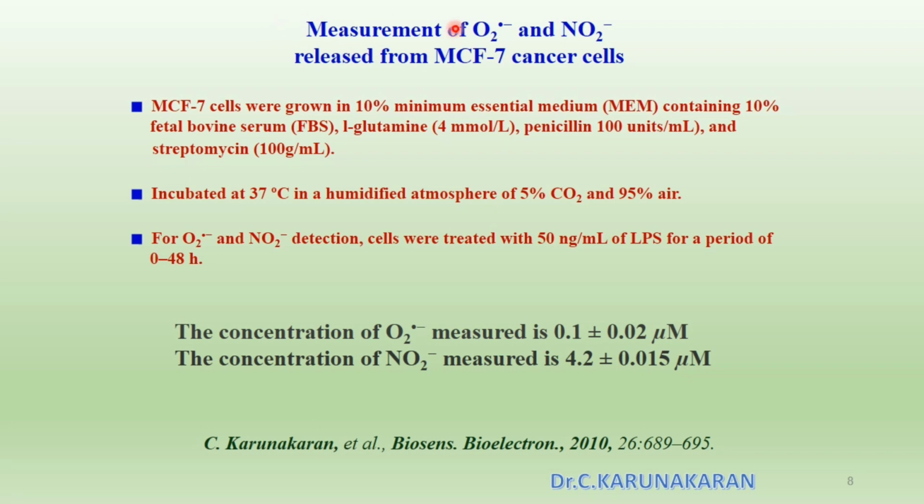In this, we have applied the SOD1 biosensor for the measurement of superoxide radical and nitrite ion released from cancer cells, MCF7 cancer cells. We have measured the concentration of superoxide radical and nitrite ion in cancer cells and published the results in Biosensors and Bioelectronics.